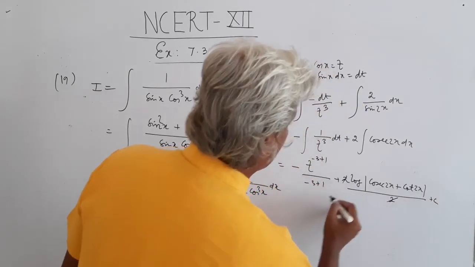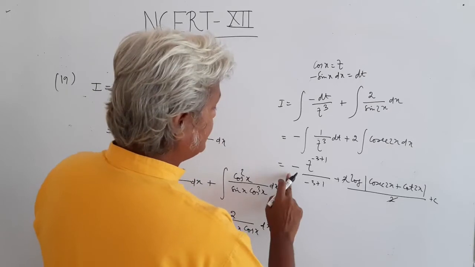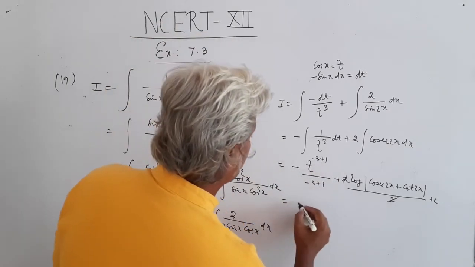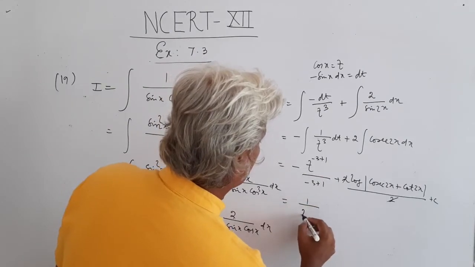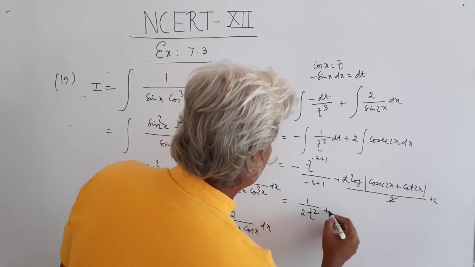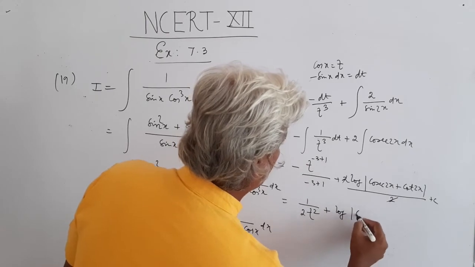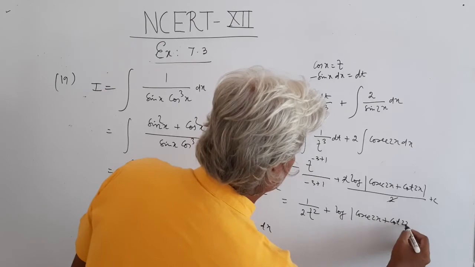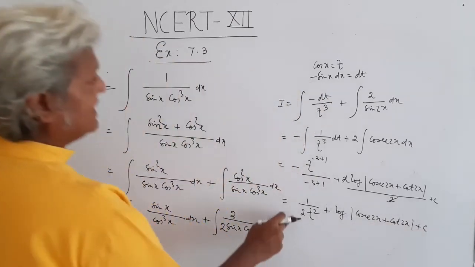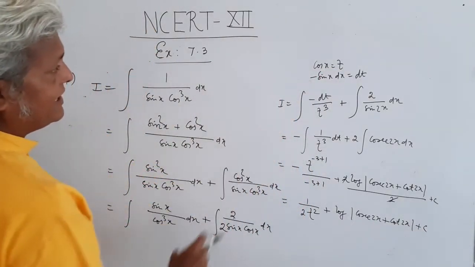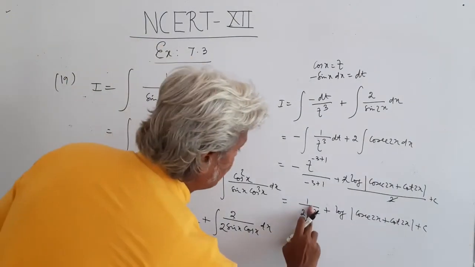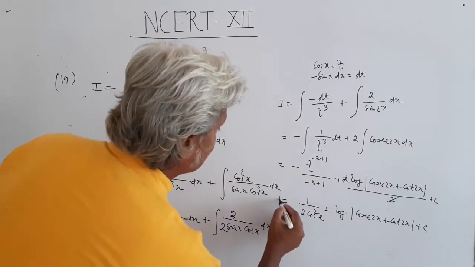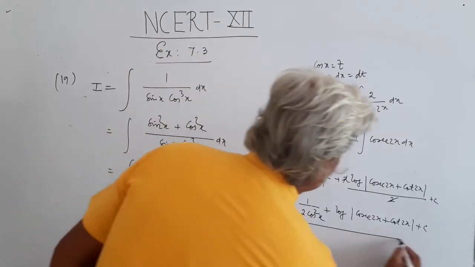So this 2 cancels. This one is minus 1 over 2 and t to the power minus 2. So you can write 1 over 2t square plus log mod cosec 2x plus cot 2x plus c, and in place of this t you can write cos x. So here I can write this t square as cos square x, and this is your final answer.